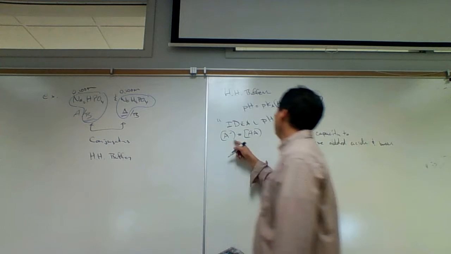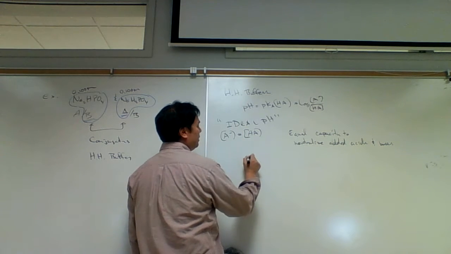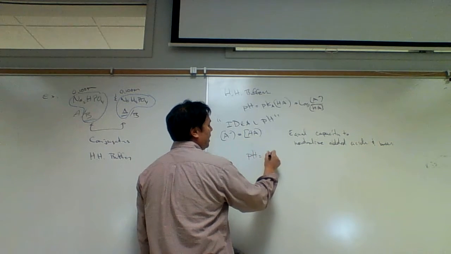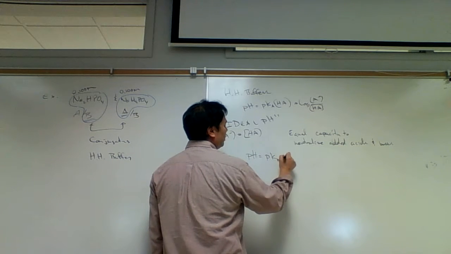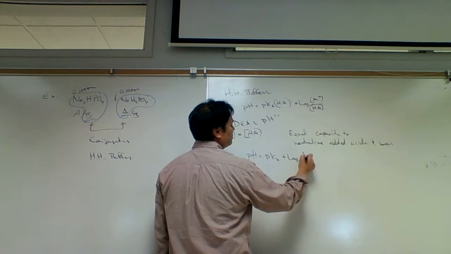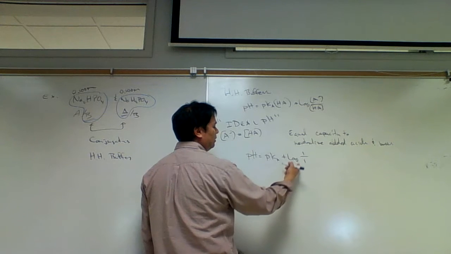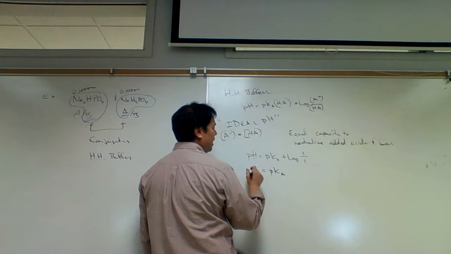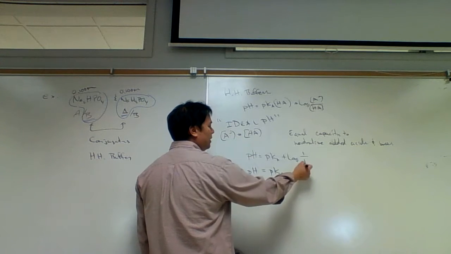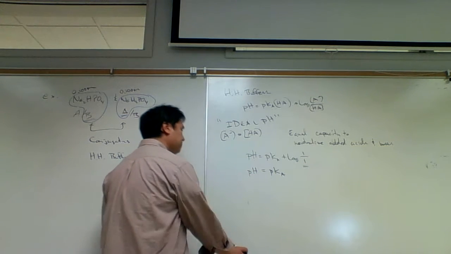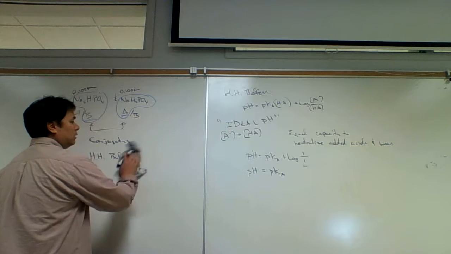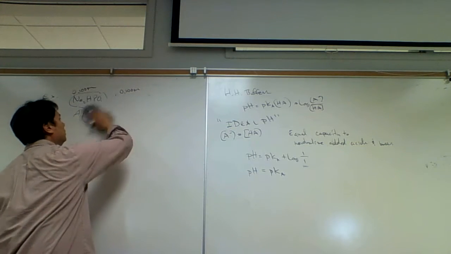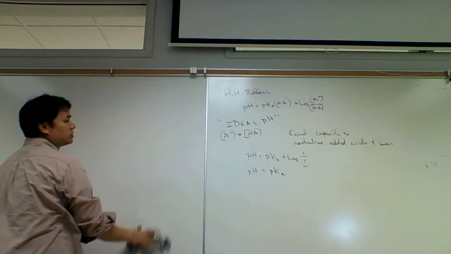When we have these equal, then the pH is going to equal the pKa plus the log of, it's going to be a 1-to-1 ratio. In other words, the pH will equal the pKa when the base and the acid concentrations are the same.